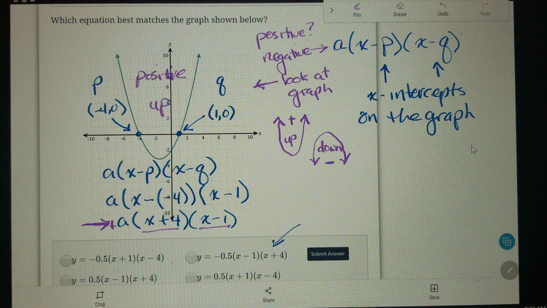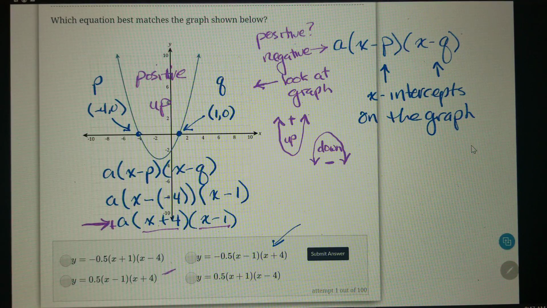So looking at our answers down here, I see that we have X plus 4 right here, X plus 4 and X minus 1, and this is positive.